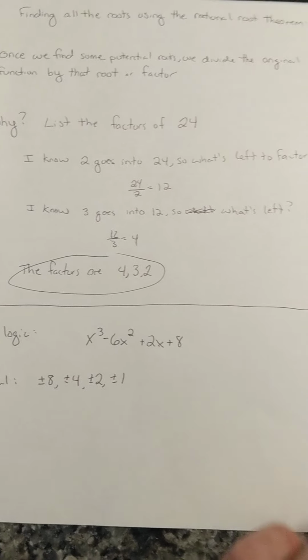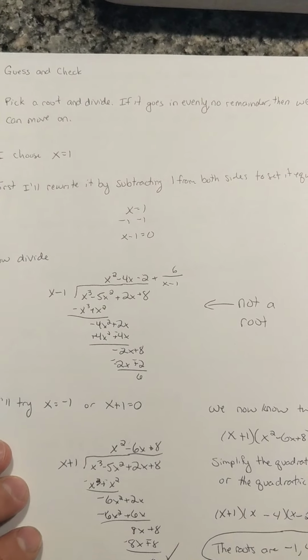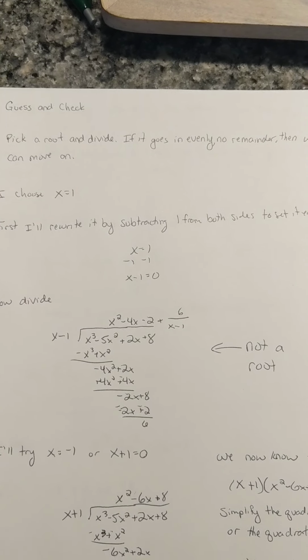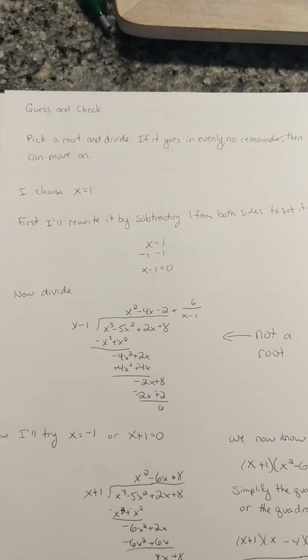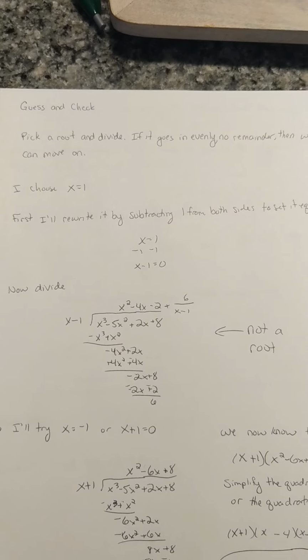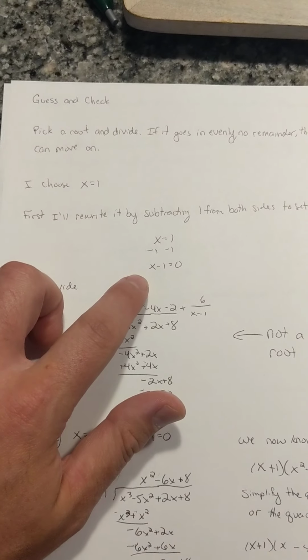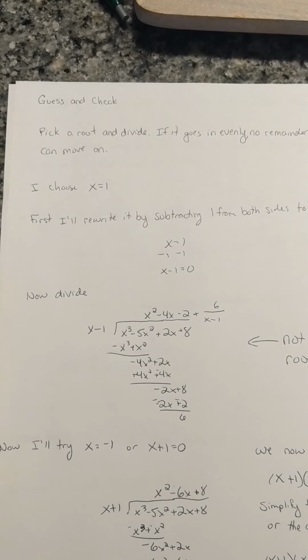So we got to guess and check. So guessing and checking, we're going to pick a root and we're going to divide. And if it goes in evenly, meaning there's no remainder, then we can move on. So I chose x equals 1. So I'll rewrite it by subtracting 1 from both sides to get it equal to 0. So that way I have a binomial that is going to be dividing this polynomial. And we go through the process.